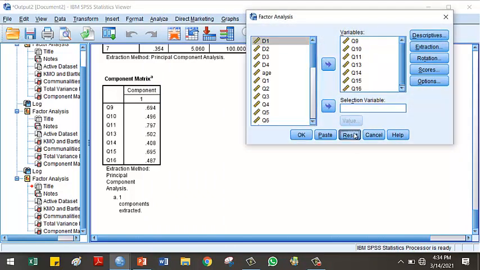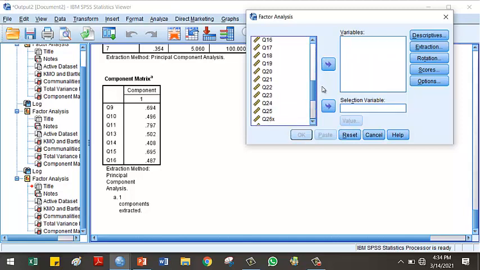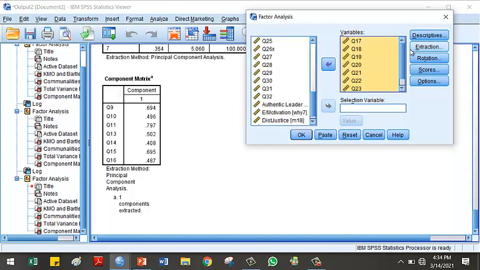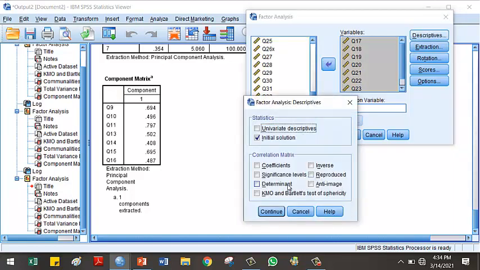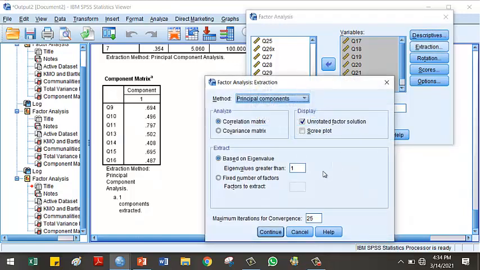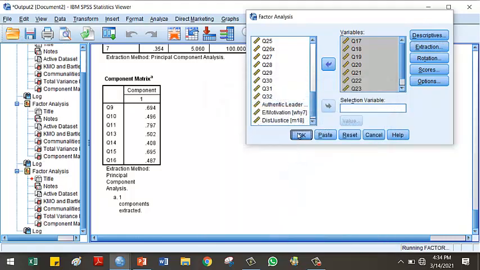In this way we shall keep on computing the factor analysis statistics for all the variables. The next is questions 17 to 24. Descriptives, KMO and Bartlett. Extraction of only one factor, and OK.